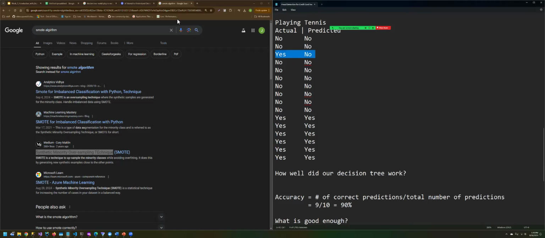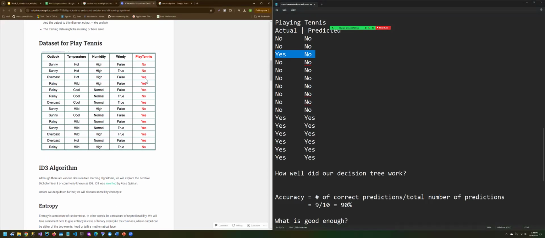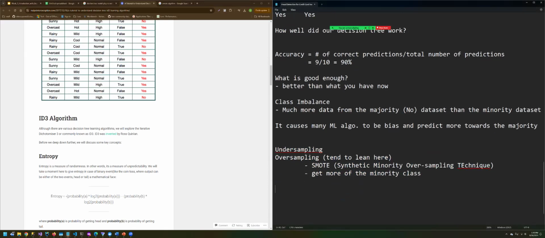As an example, right here it may say overcast, hot, normal, false, right? So it's going to create what they call neighbors, which are data that is similar or close to the existing data. We'll look at this in a little more detail. Like I said, this is just an overview of things to get us kicked off.